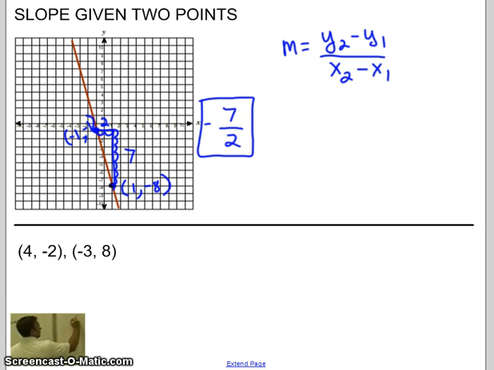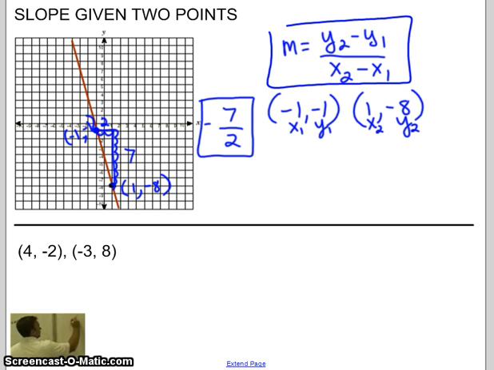So we have 2 points, and each point has an x value, and each point has a y value, a y coordinate. This is our first x, so we're going to give it a subscript of 1, and this is our second x, so we're going to give it a subscript of 2. We're going to use this formula here to determine the slope given the 2 points.